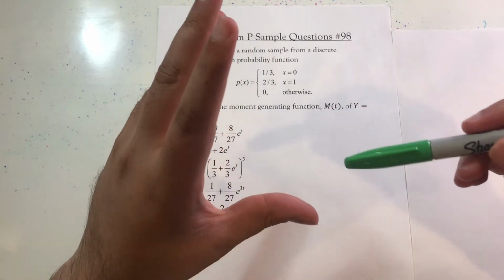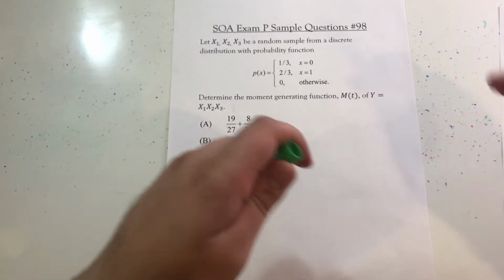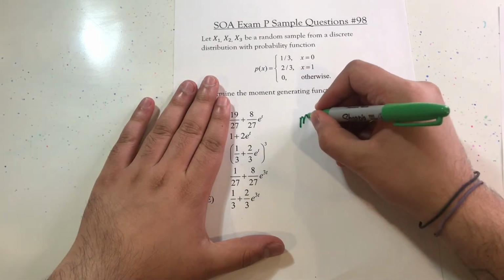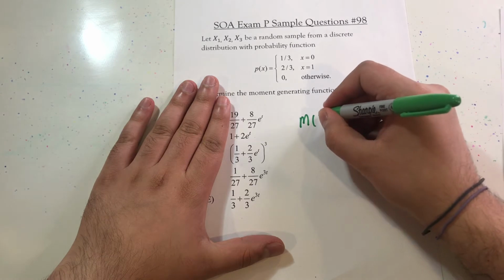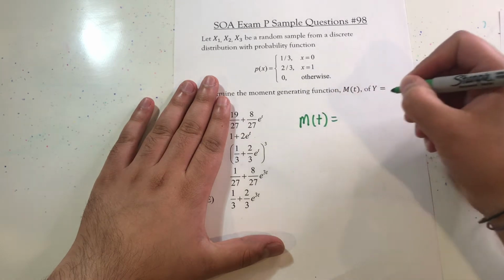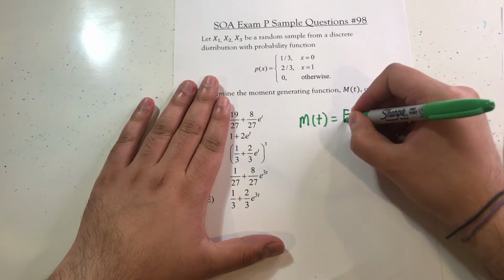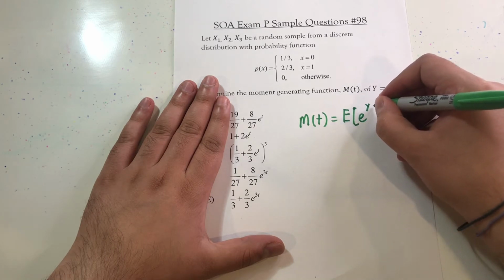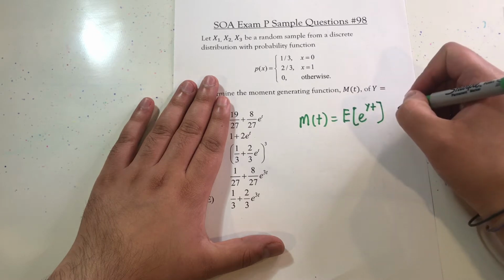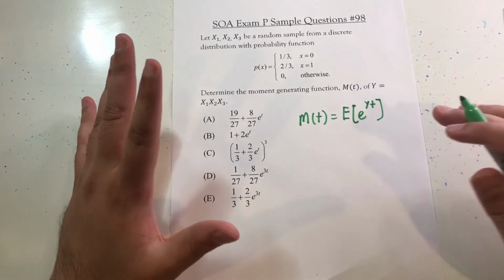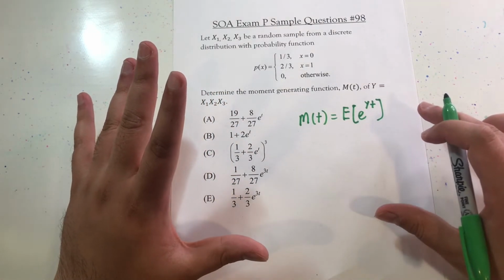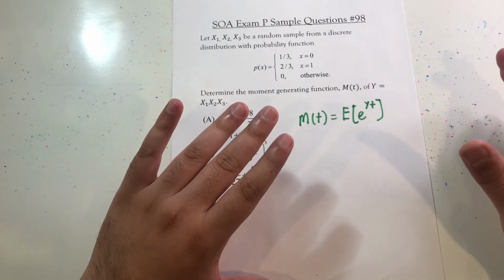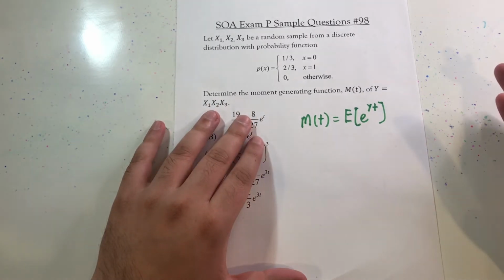So, what are we looking for? The moment generating function can be defined as follows. M(t) is equal to the expected value of e raised to the Yt. This is going to be equal to the sum of each value that Y can take on times the probability that it takes on that value.